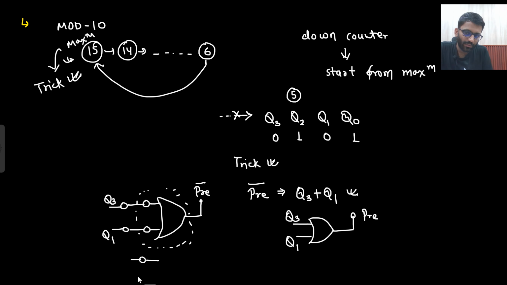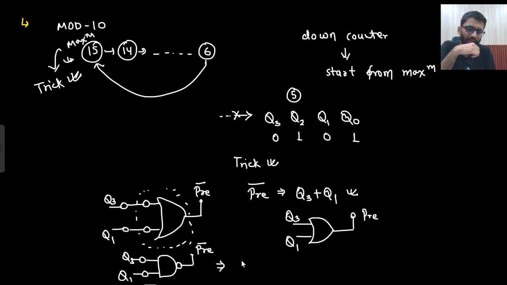So this is your Q3 and then there is a NAND gate. To the NAND gate, what is being fed? Q3 bar and Q1 bar. And then there is an AND gate.